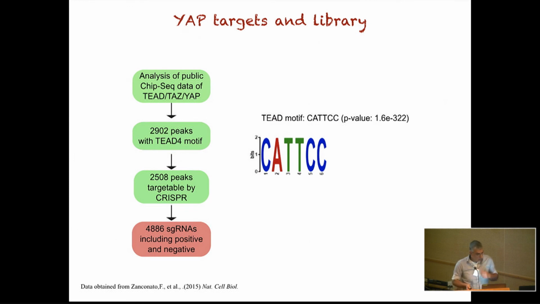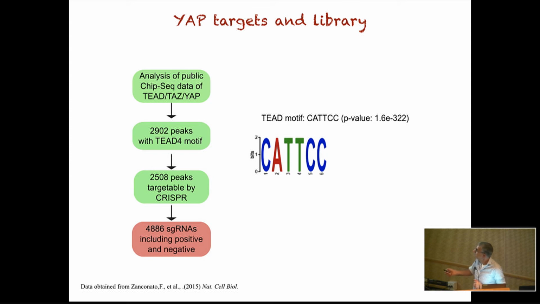Right. So a little bit of details. So now we do the library. So we took this ChIP-seq from the group of Stefano Piccolo, and identified all the peaks and the TID motifs that are there inside. This is the motif. This is where we will target the guide RNAs into it.